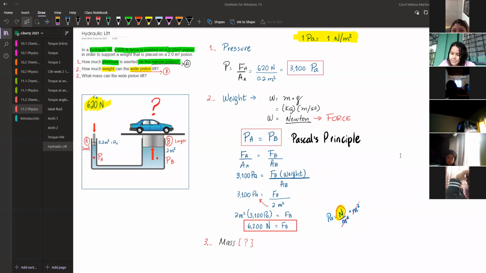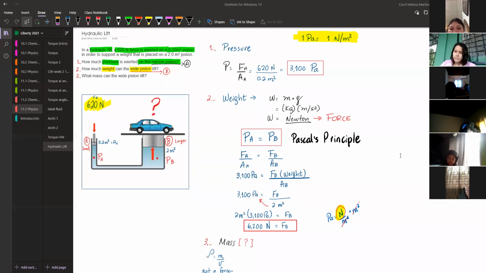Okay, let's see. Density relates mass divided by the volume. So density is not a force, okay? Not a force. And I want to know what mass a force represents, okay?